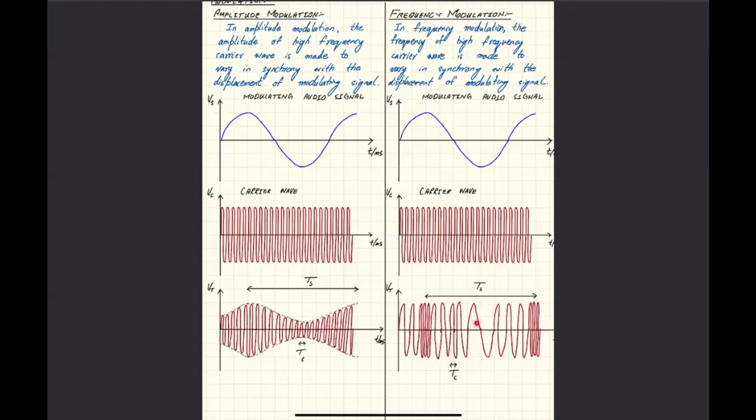When it arrives at the other end, there would be a demodulator. It would analyze the receiving signal, and it will reproduce the original audio signal by analyzing where the frequency is high. It produces a signal with the higher displacement. Where the frequency is low, it produces a signal with the lower displacement. So in frequency modulation, the frequency of the carrier wave is made to vary in synchrony with the original audio or speech signal.